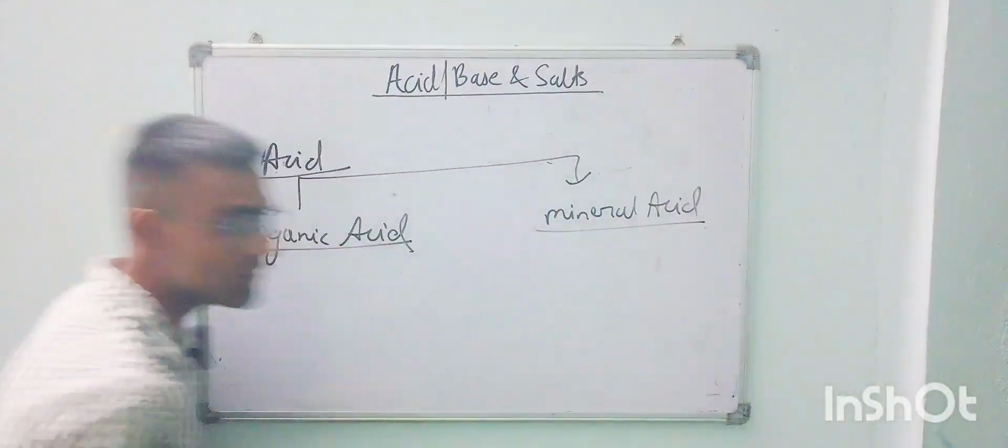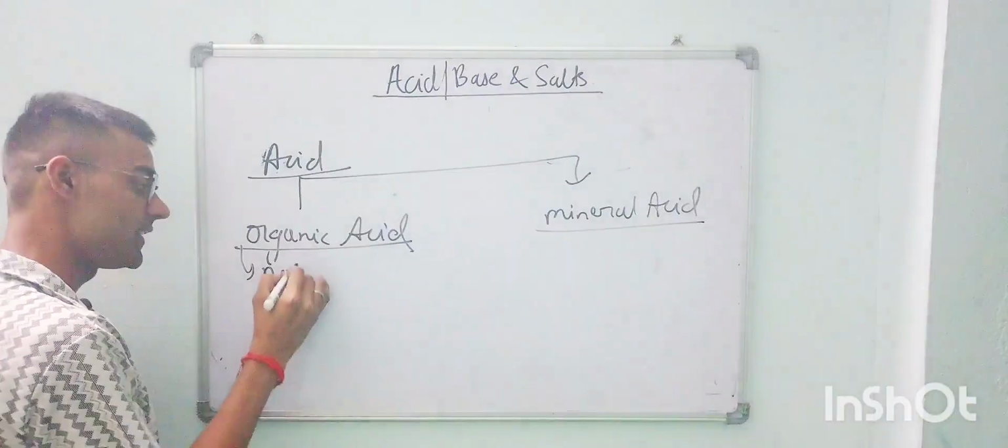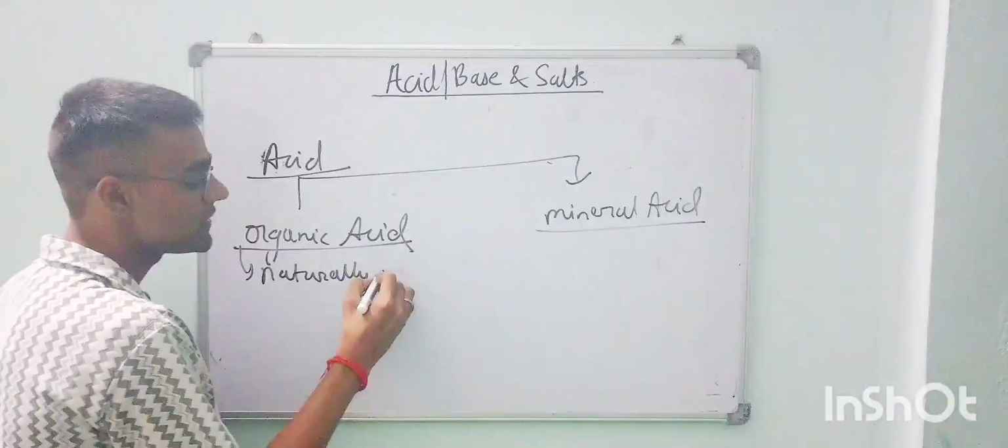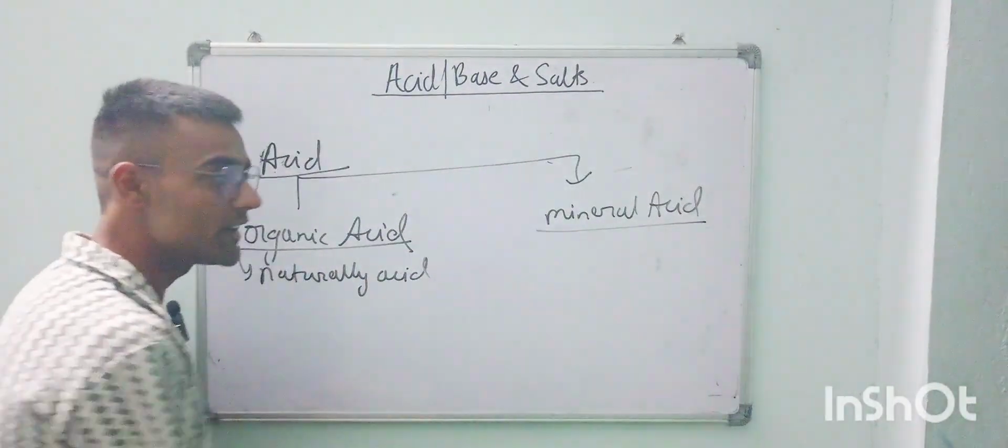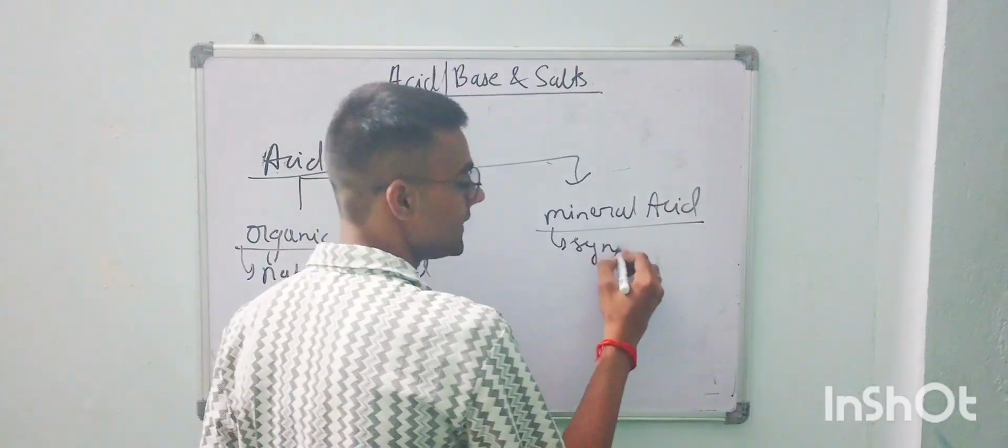Organic acids are naturally occurring acids, and mineral acids are synthetic acids.